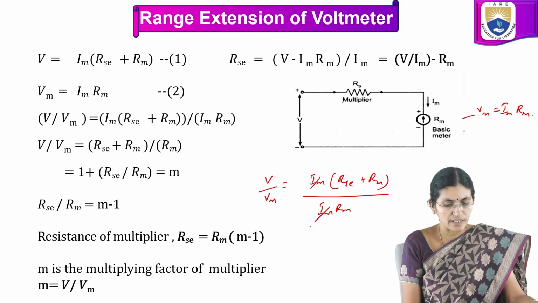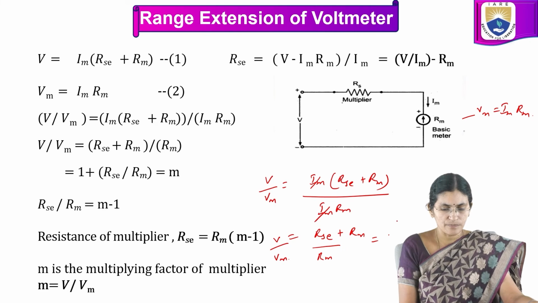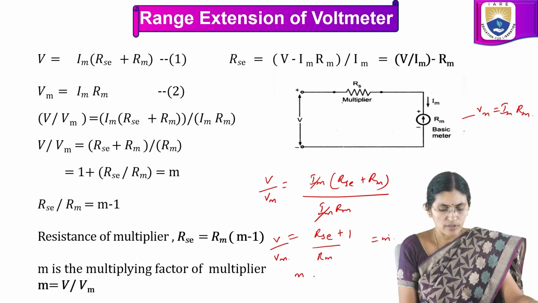So these two will get cancelled. This is equal to RSC plus Rm divided by Rm. So this is V by Vm, which is equal to M. So M minus 1 is equal to RSC by Rm. So from this we can write RSC is equal to Rm into M minus 1.